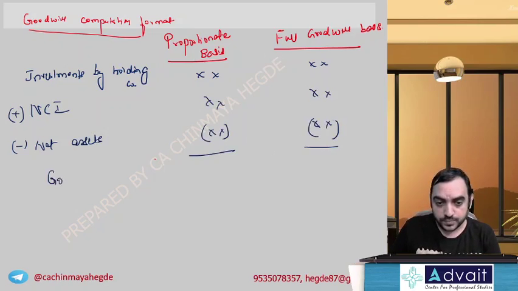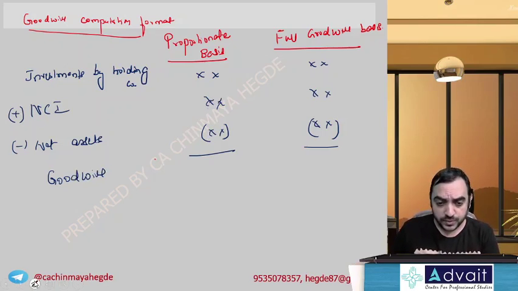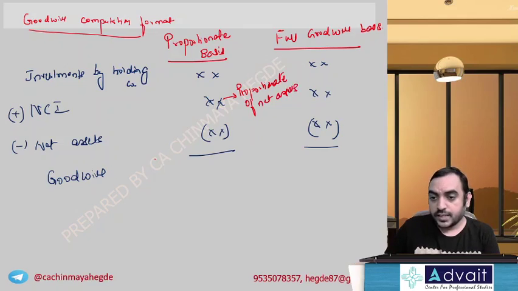The difference is goodwill. And what is the difference? This NCI is the proportionate share of net assets taken over, and this NCI is at fair value.